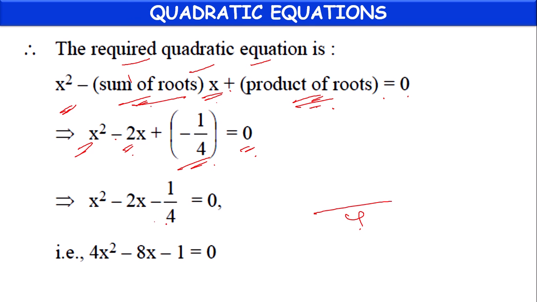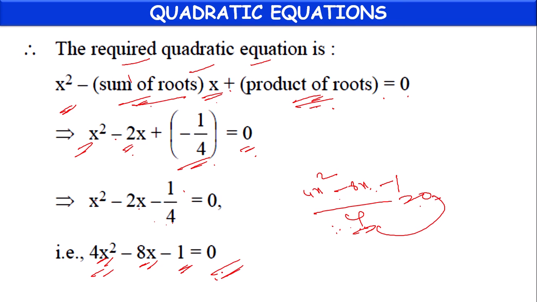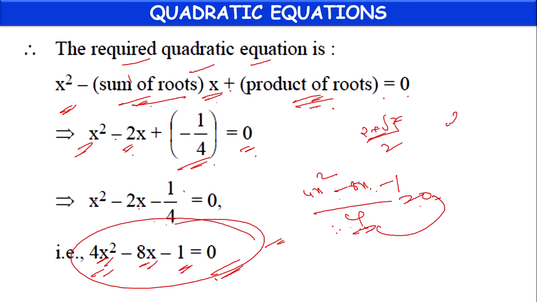So 4 into x square, 4x square. 4 into 2x, minus 8x. 4, 1 is 4. 1 into minus 1 equals to 0. So 4x square minus 8x minus 1. This 4 will go towards the right hand side. 4 into 0 will become 0. So this is the quadratic equation which can be formed with the roots 2 plus root 5 by 2 and 2 minus root 5 by 2.